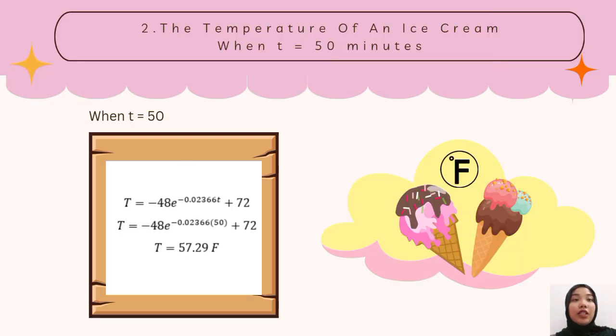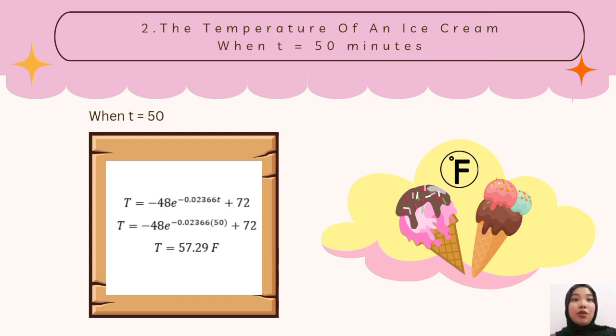For the next solution, what is the temperature of an ice cream when t equals 50 minutes? We substitute the value of t equals 50 minutes into the previous equation, which is T equal to negative 48 e to the power of negative 0.02366t plus 72.